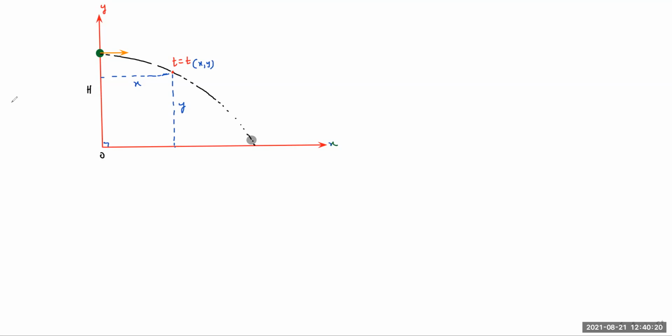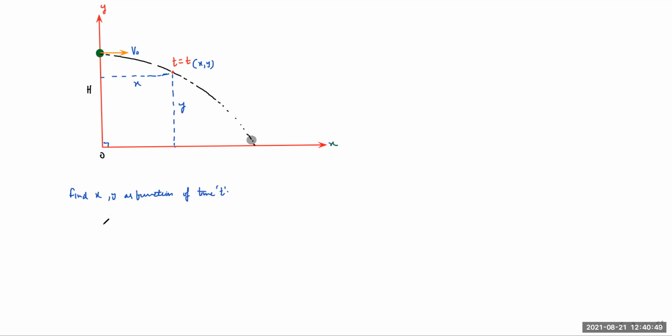Yes, sir. So what is x? Let's say you're throwing with v naught. So what will be x as a function of time t? Sir, it will be x by v naught equals t.